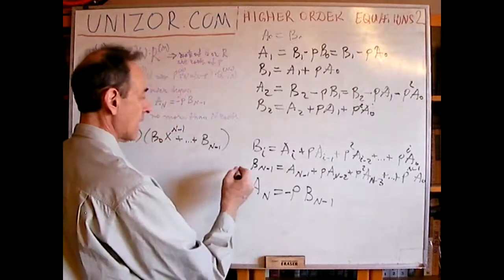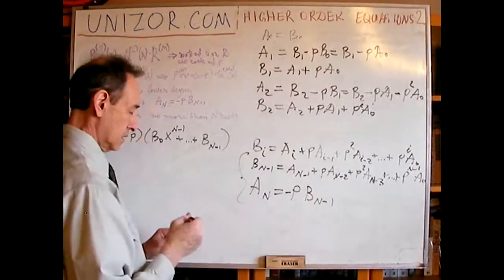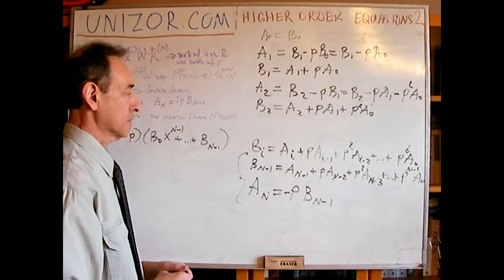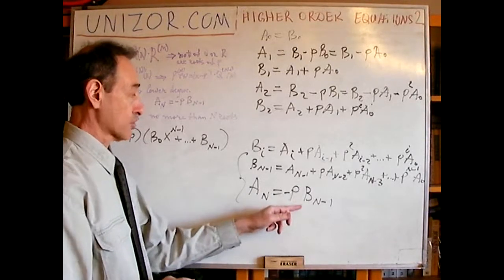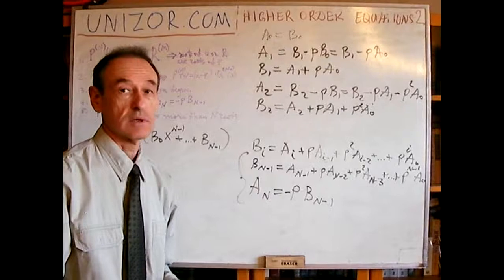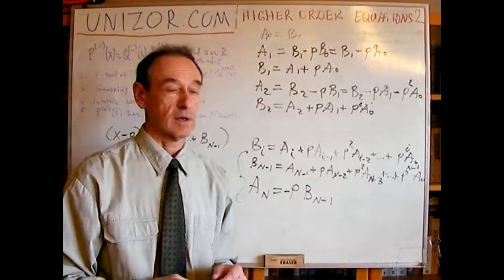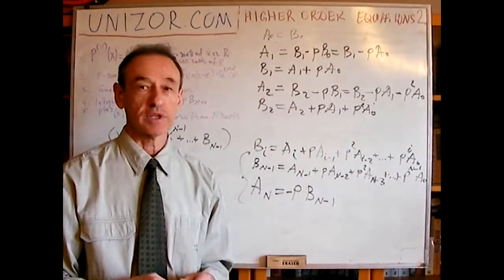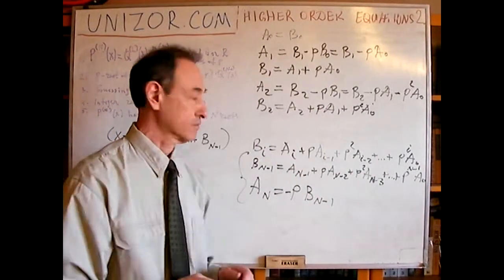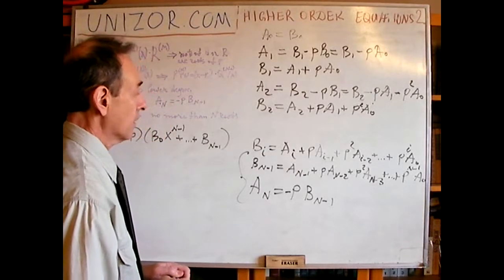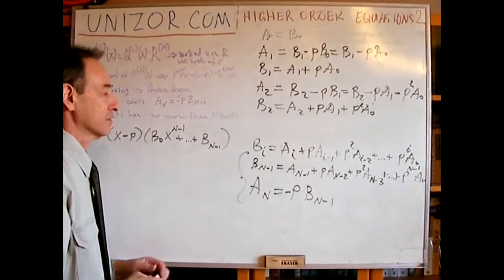So it looks like I have two different expressions for bn minus 1, and this one shouldn't contradict this. Otherwise I'm coming up with a contradictory set of equations for bn minus 1 at least. Now, let me show that this is not a contradiction.